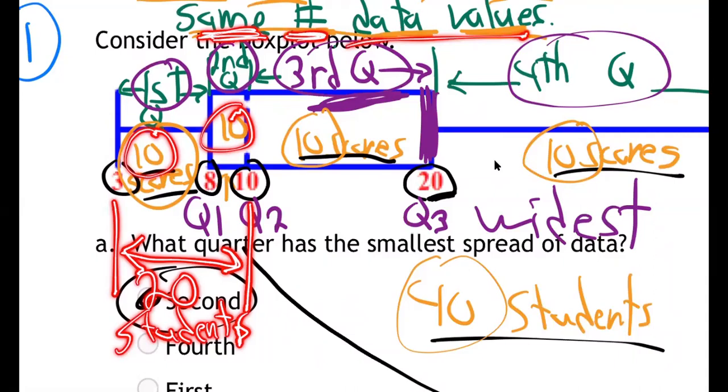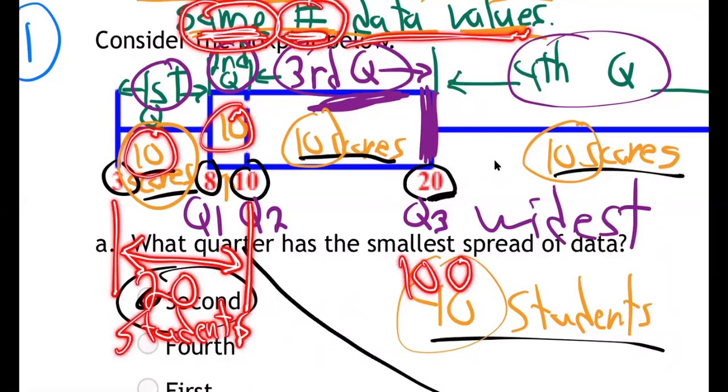So I just made 10 because it was a nice, easy number. But you could have said maybe there was 100 students in the class, and that means there would be 25 in each section. So it doesn't matter what the number is, as long as it's the same number in each section. It's a good question.